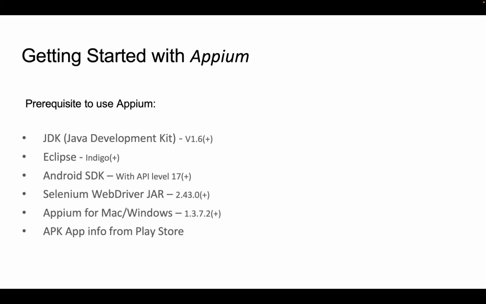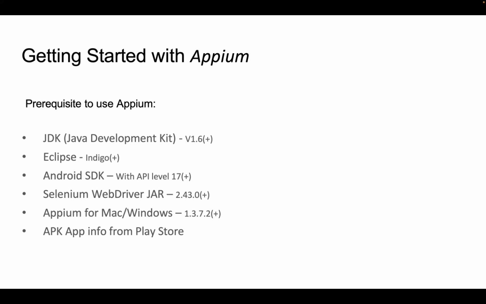The fourth one is the Selenium WebDriver jar. We should have the Selenium WebDriver jar either through Maven dependencies, or we can have it manually. We can copy it and paste it in the libraries. Okay, we can set it up in IntelliJ or Eclipse. The fifth one is Appium for Mac and Windows.